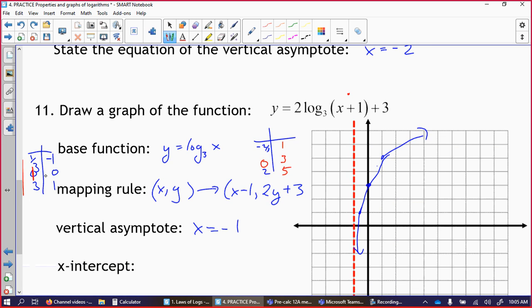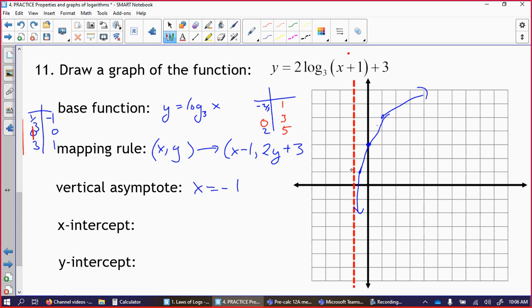Draw the graph of the function log base 2 log base 3 of x plus 1. The base is log base 3 of x. So here's my original table. And then I did my mapping rule of x minus 1, 2y plus 3. I had to fix that it's 1 and 0, not 0 and 0. So that maps to negative 2/3, 0, 3, and 2/5.